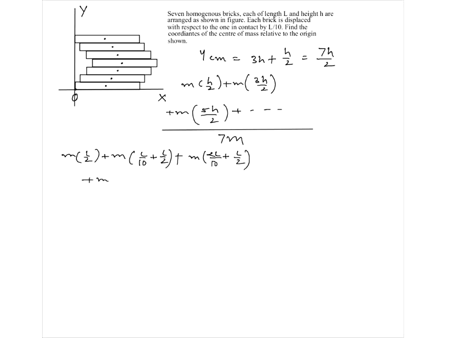Fourth fellow, 3L by 10 plus L by 2. Fifth fellow and this fellow are identical, 2 times. Sixth fellow and this fellow are identical, 2 times. Last fellow and the first fellow are identical, 2 times. Whole divided by sigma of masses. Let's find it out. Any questions? Let me know.